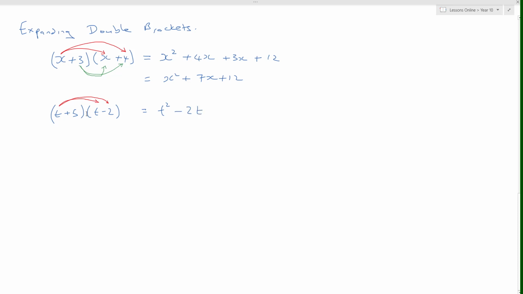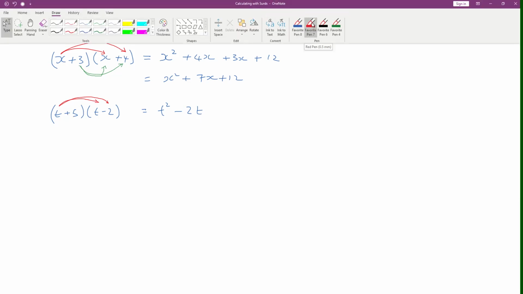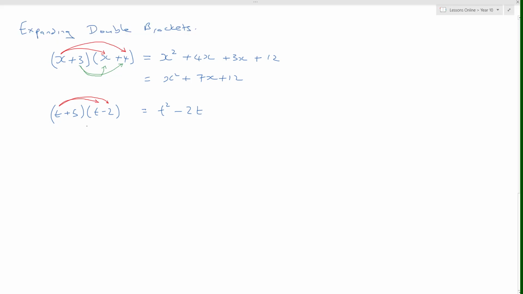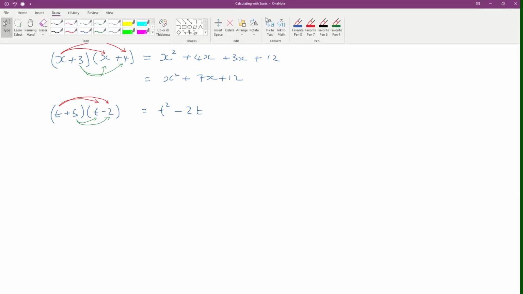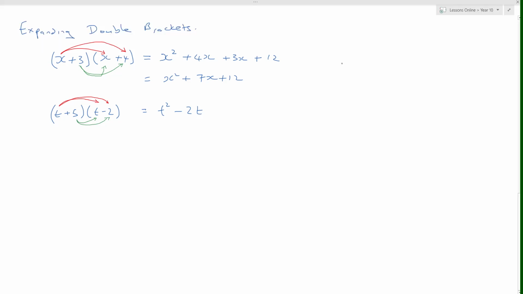And then we look at the 5 and multiply everything in the next pair of brackets. 5 times t gives 5t, and then 5 times minus 2. 5 times t gives us positive 5t, and then 5 times minus 2 gives us minus 10.